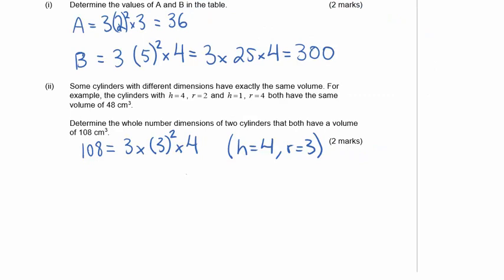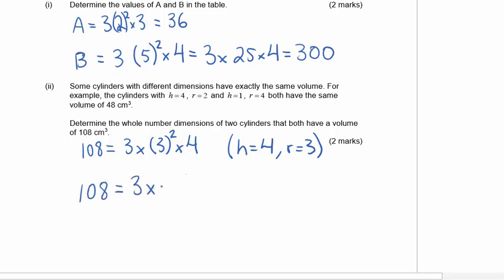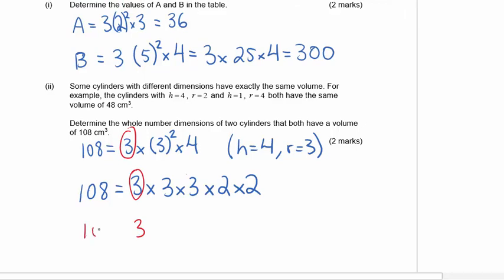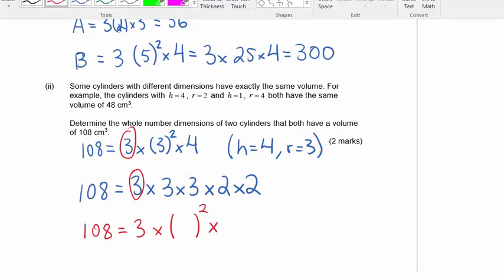So finding the second one, we need to consider the factors of 108. So this is a pretty high order question. What I'm going to do is break this down so that we can see each of the pieces that were multiplied, and I'm going to break this 4 into 2 by 2. Our formula requires that we have a 3 out the front, so I'm going to bring him back in, and then it needs something squared multiplied by something on the end there.